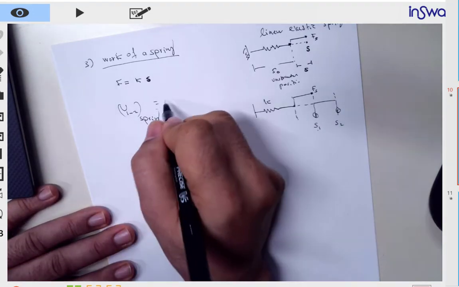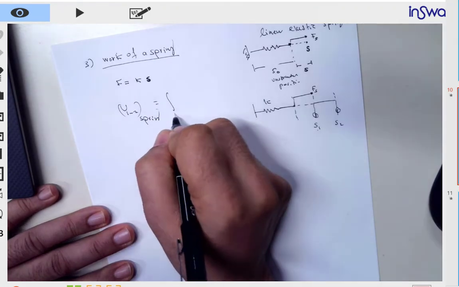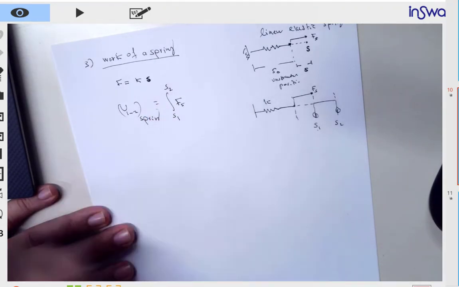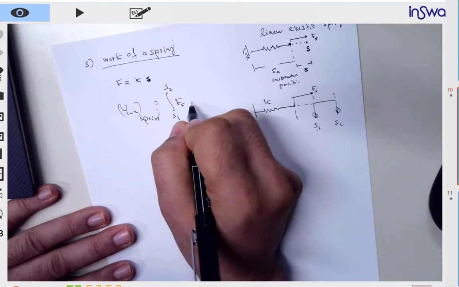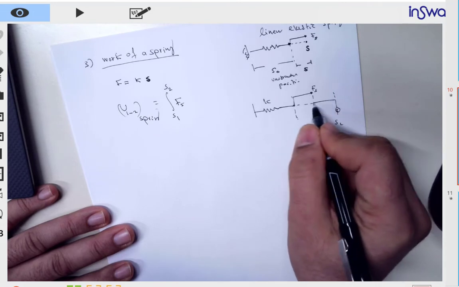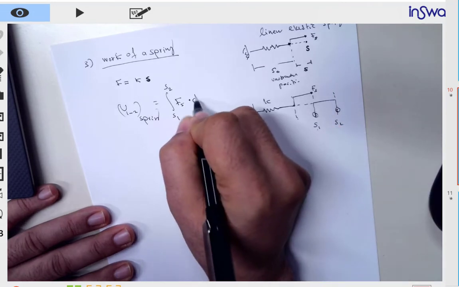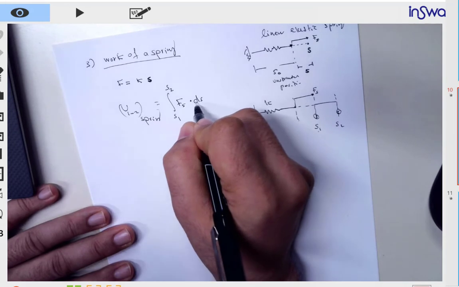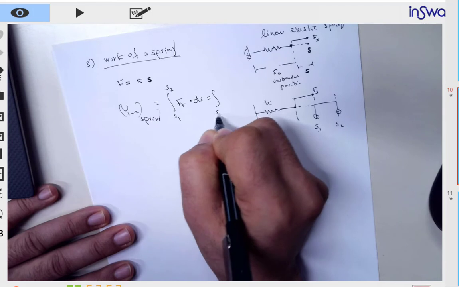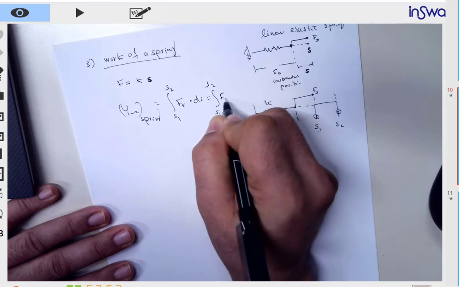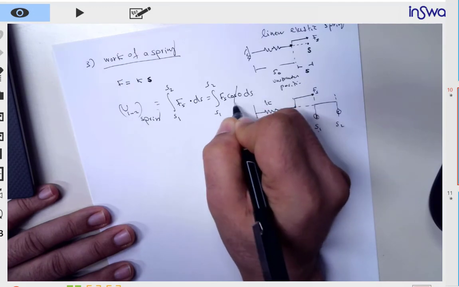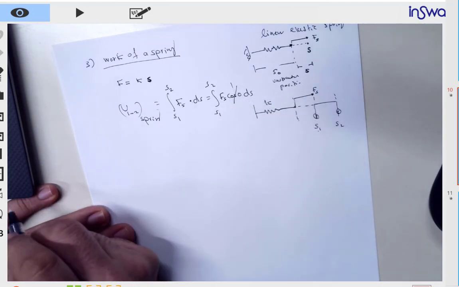Is equal to what? We go back to the definition of the work: Fs dot ds, which is always along the line of action, so it's Fs cosine 0 ds, and cosine 0 is 1, so I don't have to really put that.